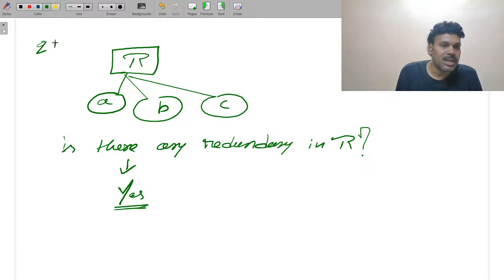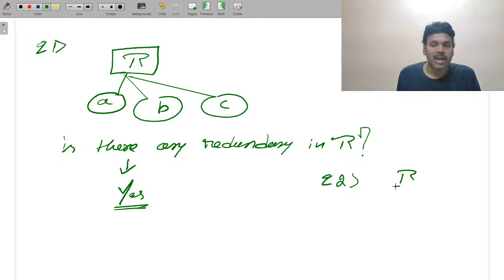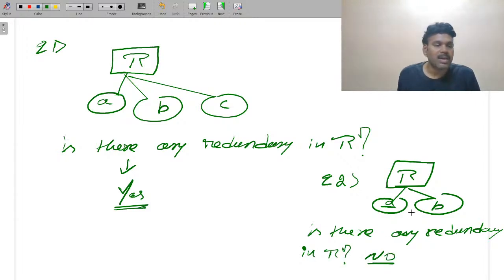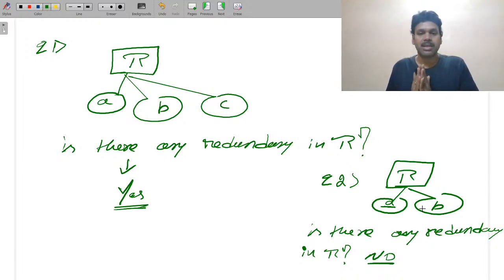If I take the same in a different way, where R consists of A identified as a key, and B, now I can say for sure, is there any redundancy? We can say no, because there is a key attribute in that. So the key attribute plays a very important role in the ER model as well as the relational model.